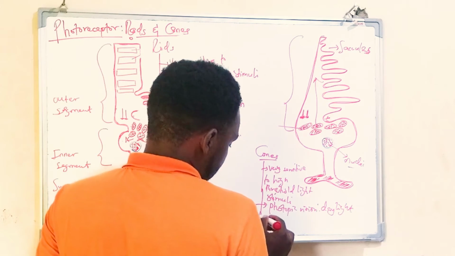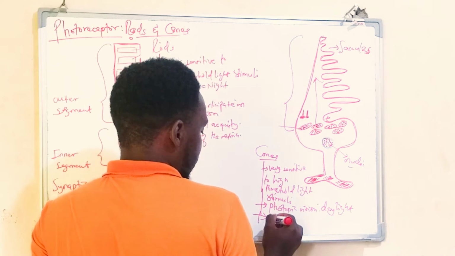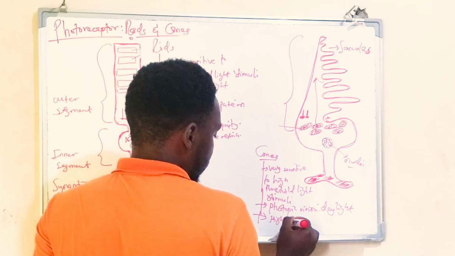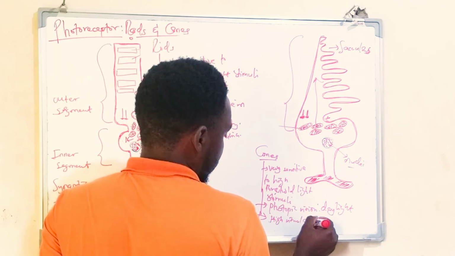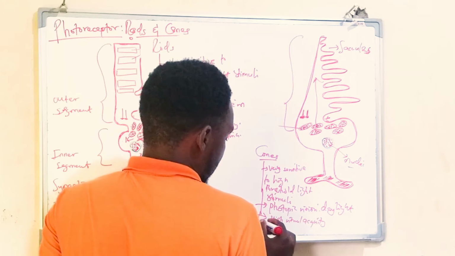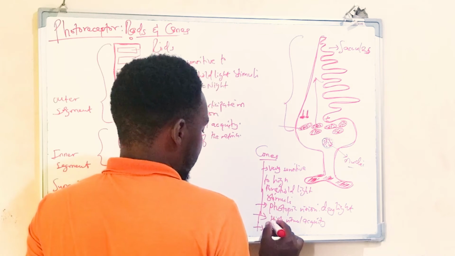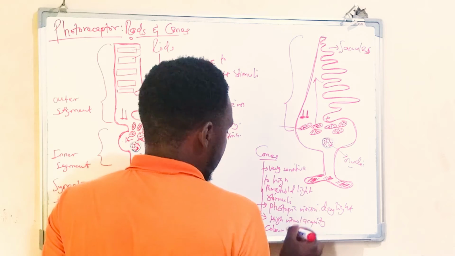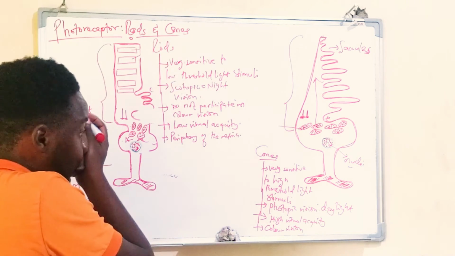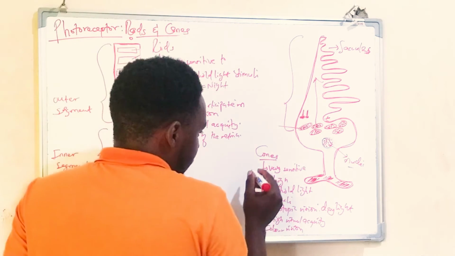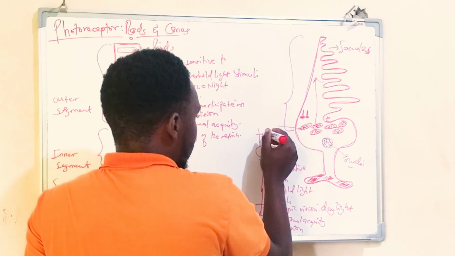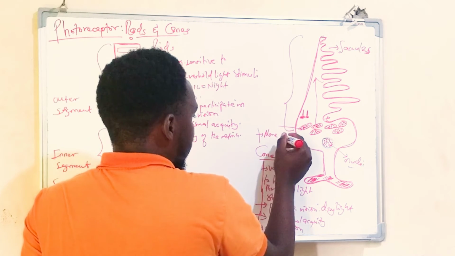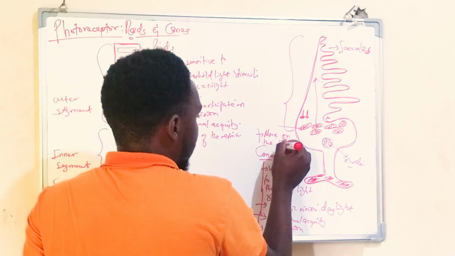The cones have high visual acuity, as well as participate in color vision. There are more cones on the fovea.